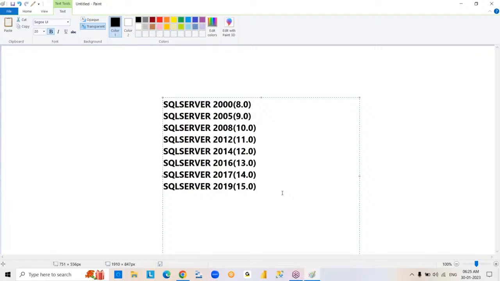So generally, if you have Windows 10 operating system, go for SQL Server 2019 only, right? Because compatibility is also really important for us. Compatible operating systems is required for us. In the same way, if you have Windows 11 operating system, nowadays Windows 11 coming, right, with laptops.